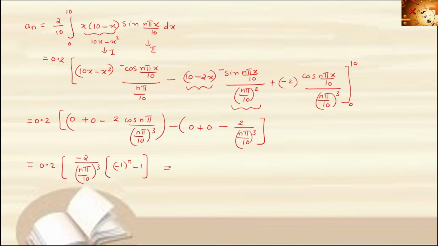This will be 0 when n is even and 800 divided by n cube pi cube when n is odd. So this is the solution of this problem.